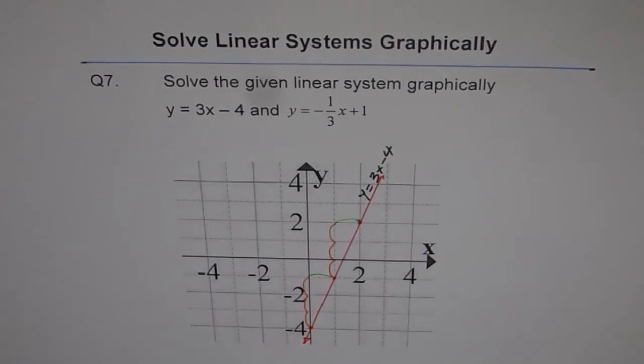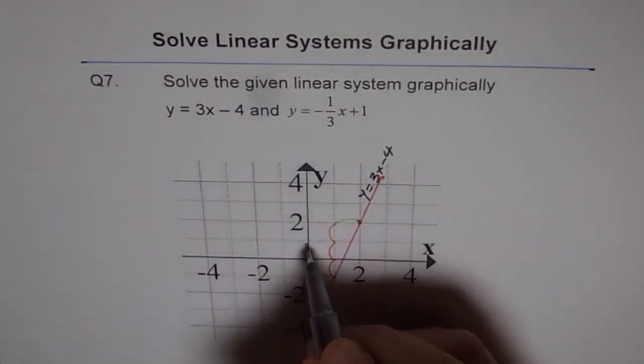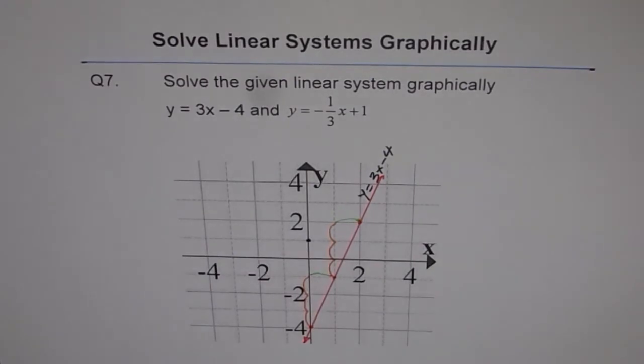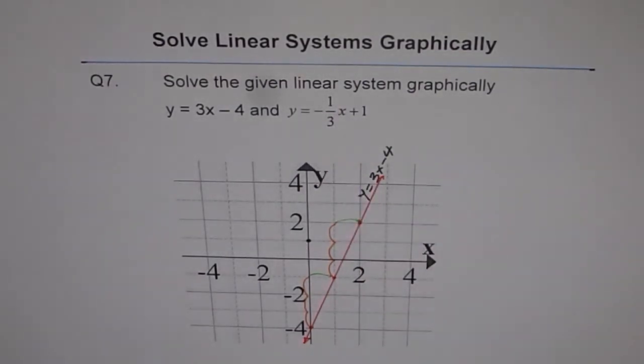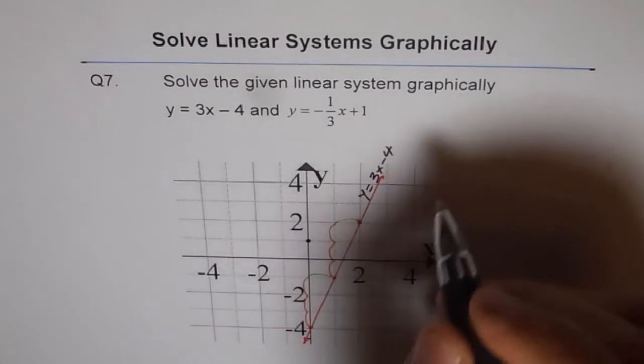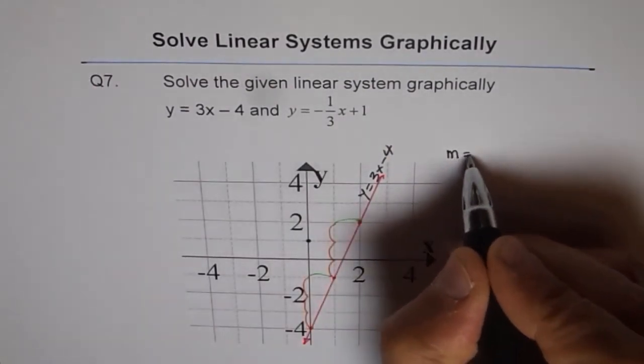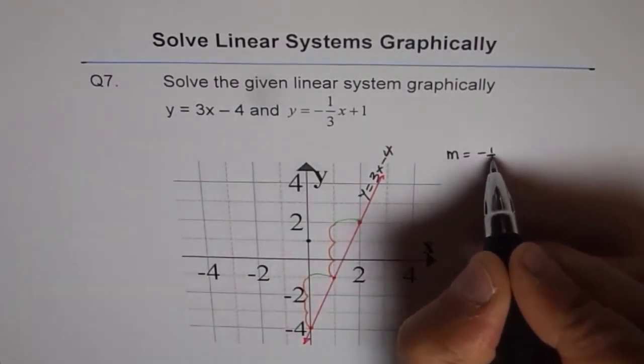So what is the y-intercept of the second line? The y-intercept of the second line is plus 1. So let's mark this plus 1 here. And now let's again see rise over run. Now slope is minus 1 over 3. Let me write down the slope separately. Here, slope m is minus 1 over 3.